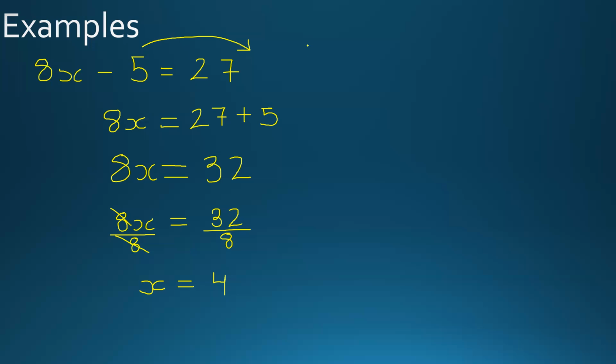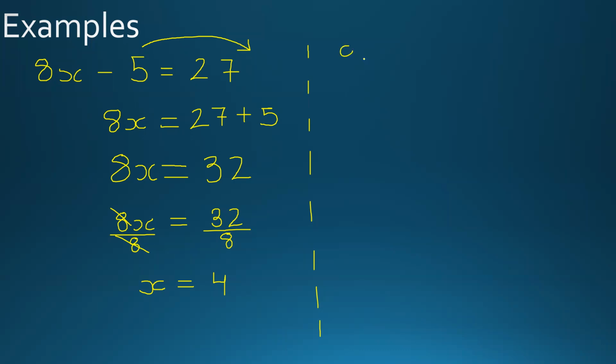Okay, so let's do number 2. Let's do another example. Any questions before we move on to another example? Any questions? Please let me know. All right. So for this one, you have to know your timetables. I am going to use the 9 timetables. Let's see if we know our 9 timetables.